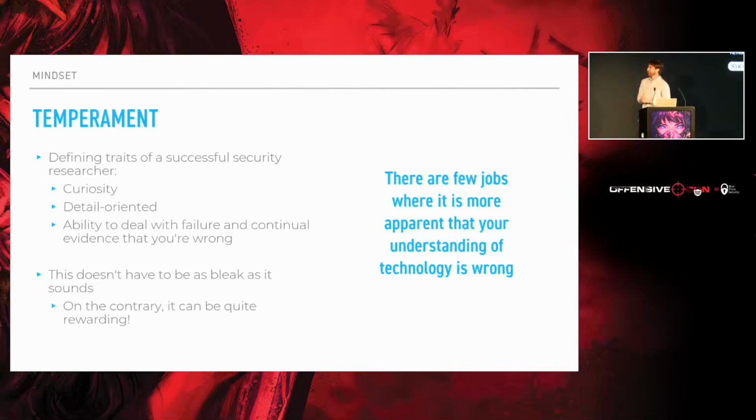There are few jobs, as I put up there, where it is more apparent that your understanding of technology is quite wrong. Being able to take on that new information in a positive mindset is, I think, what makes people successful. And even more so, vulnerability research is dealing with constant failure. I know this sounds super bleak, but it's actually a pretty fun job.